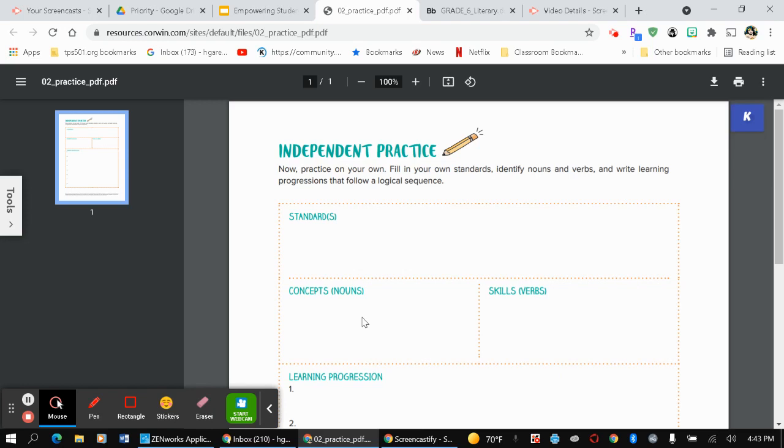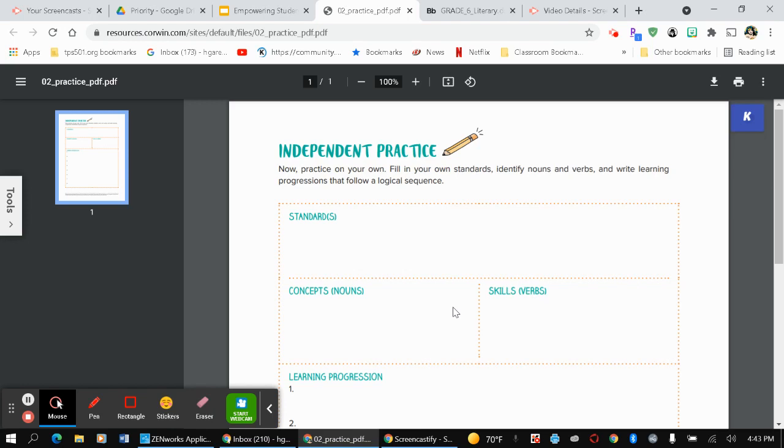We identified the skills, the verbs, as analyze and contribute. Okay. So now that we've done that work and talked that out, we have a better understanding of what that particular standard is asking students to do.